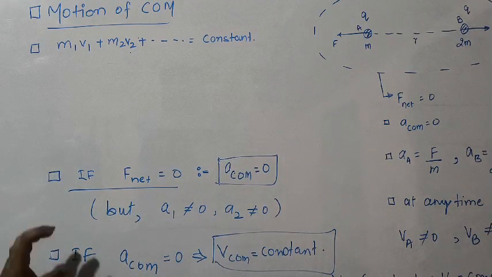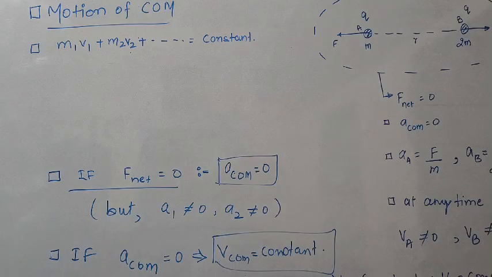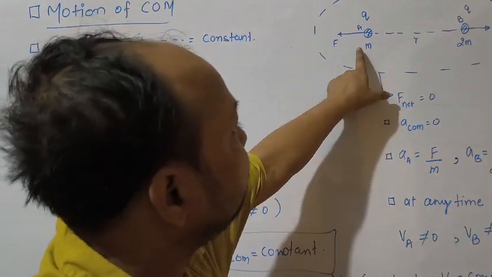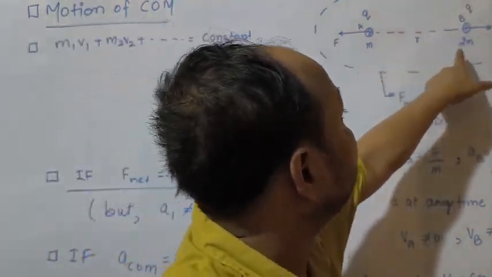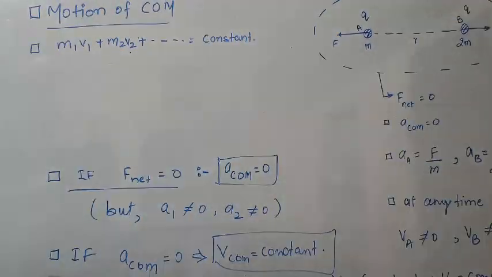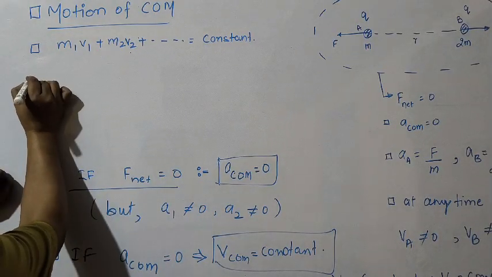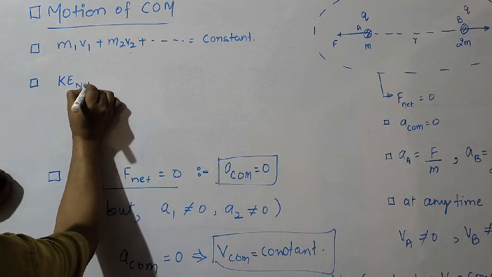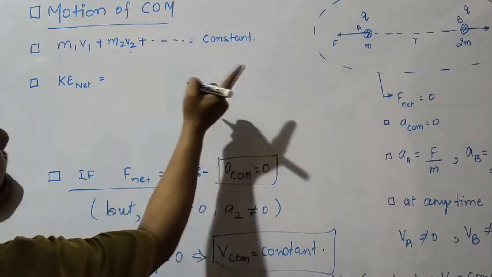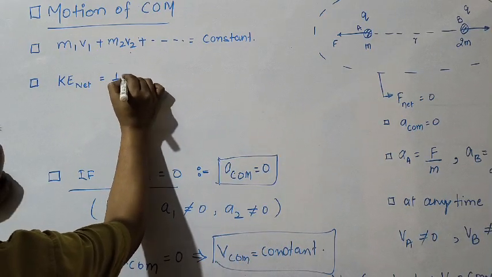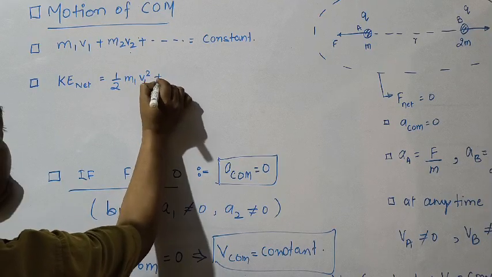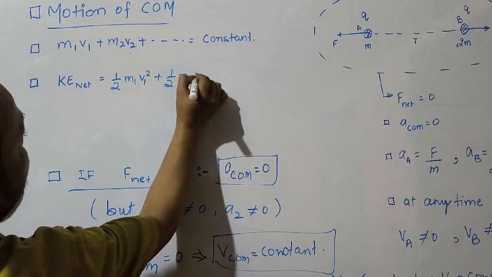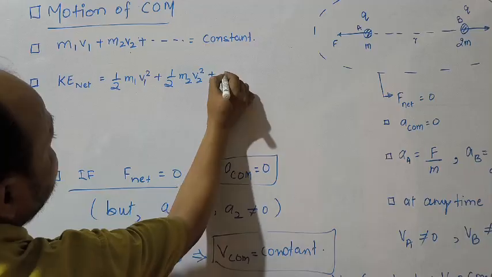Now again, what about the kinetic energy? The net kinetic energy can be given as half m1 v1 square plus half m2 v2 square, and so on.